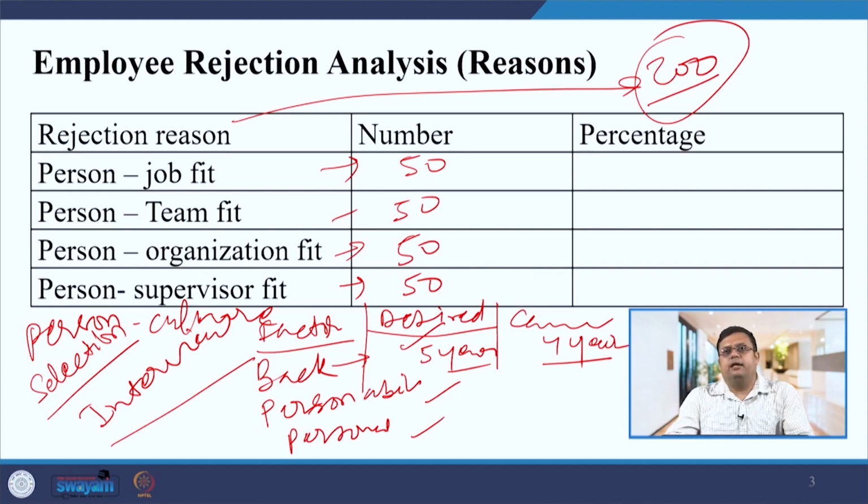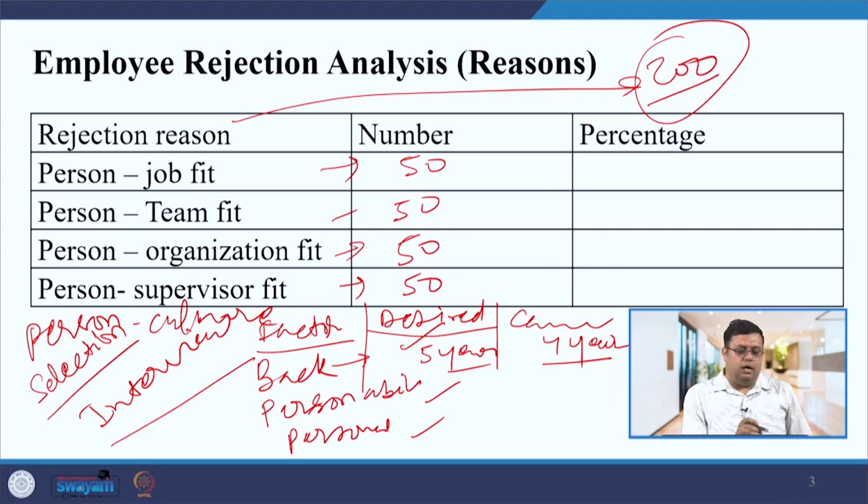The second thing you can think of: in future, if you do not want to conduct the selection process again and you have to invite some of these candidates, or you have to develop a waiting list for these positions, what should be the criteria for the waiting list?